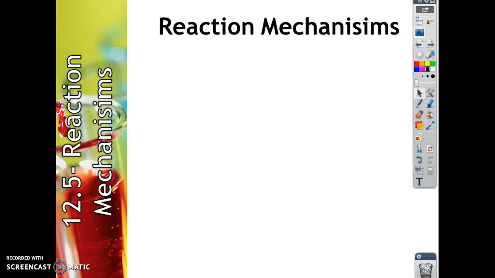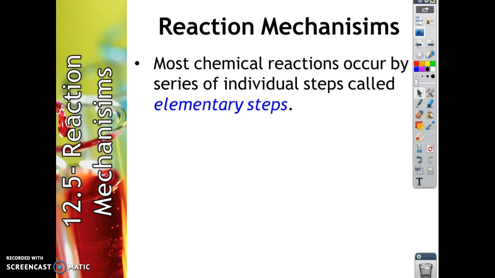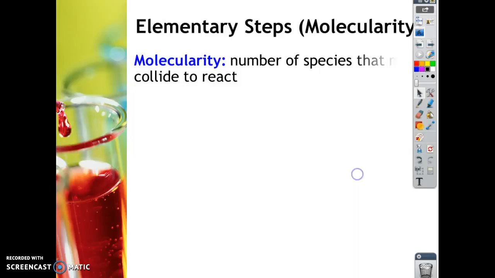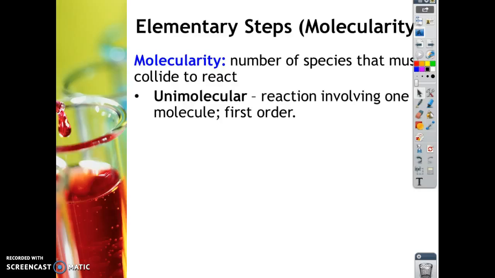Now let's think about the way some reactions occur. Most chemical reactions occur in steps, like our reaction with our magnesium. It took 3 steps. We call these elementary steps. So rate law can be written a little bit more easily here, so we can use our coefficients for these guys. And we can call that molecularity, which means that is how many species I have that must collide effectively in order for my reaction to go forward.